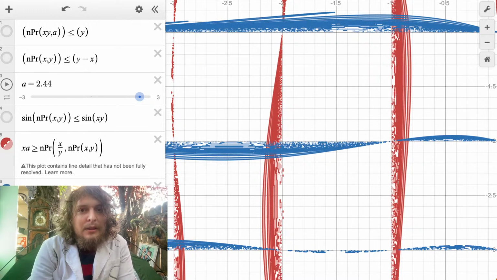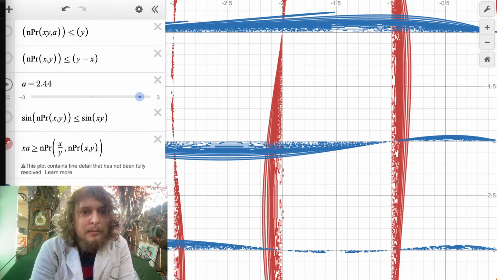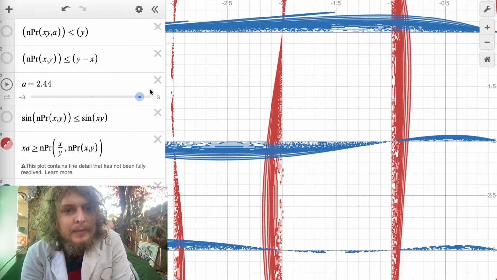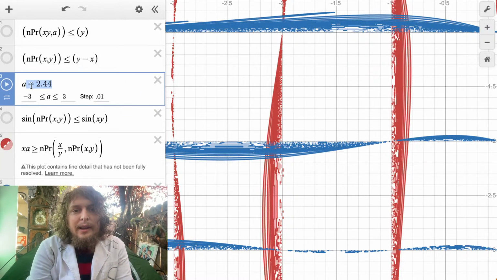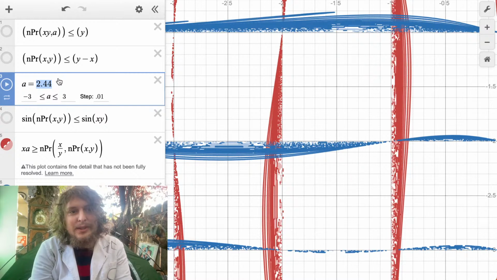Now, while I fiddle around with a few other options, let me check out our chat for a moment. Jared noted if I set the shapes a equaling pi, they'll touch. A equaling pi, due to being irrational, won't come up on one of the sliders. They're rational numbers on some scale, like some step. Right now we're doing 1/100th as the step.